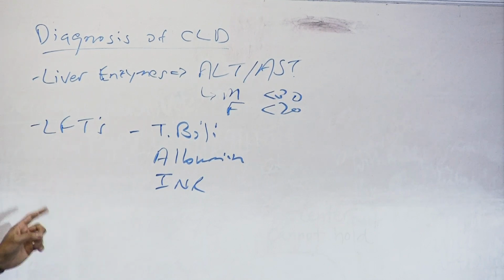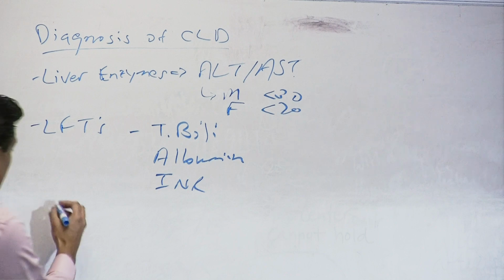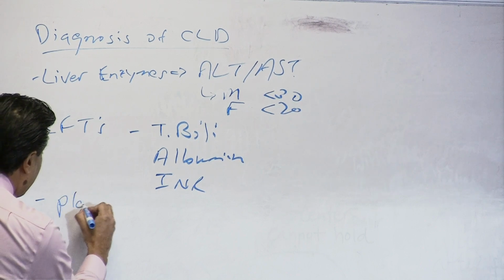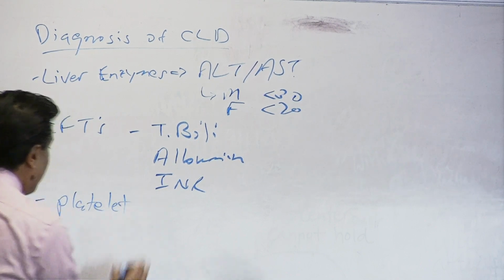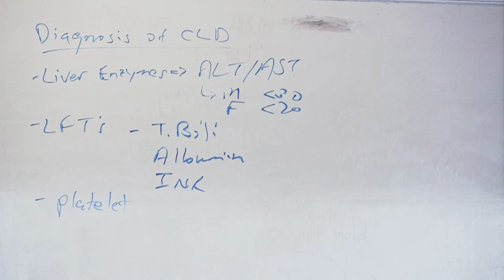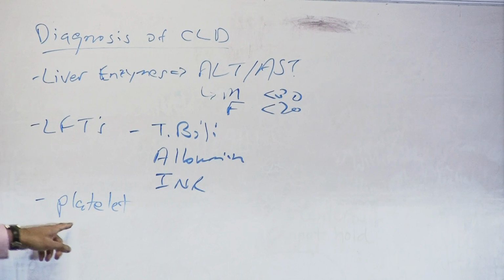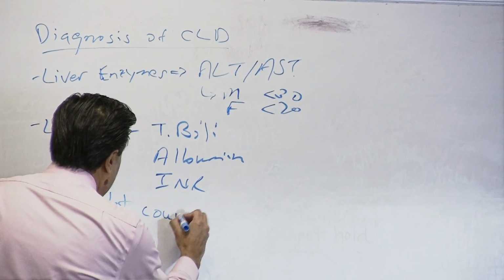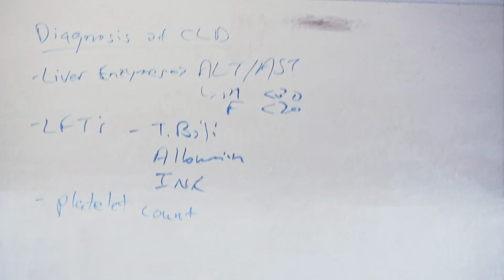Okay. Then there's another strange outlier that's become very popular and very sensitive and can be very specific for cirrhosis or advanced liver disease, and that's platelet count. And you go, well, how does the platelet count connect anything with cirrhosis?